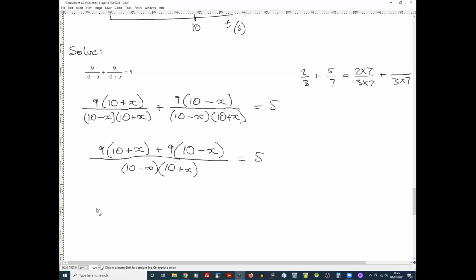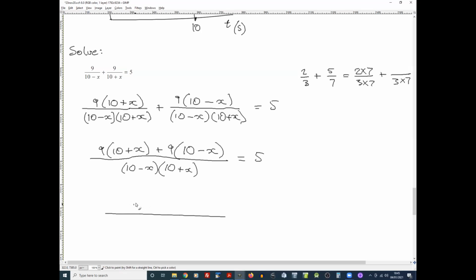Now you're saying you'd like to expand the bottom. It's up to you. I think the numerator definitely wants expanding. We are going to eventually want to expand the bottom as well. Fine, carry on.